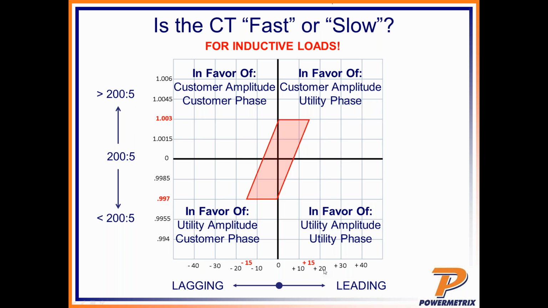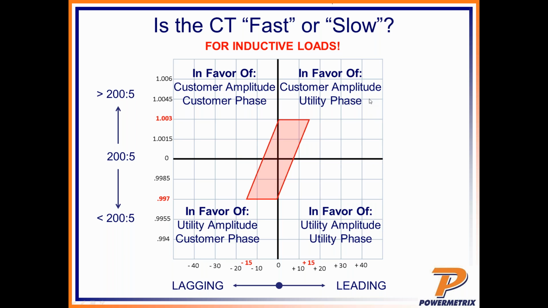Now we have to talk about the phase, right? So our phase error, once again, is on this bottom axis here, going left to right, the x-axis. As we move to the right, okay, that is more of a leading phase angle, and that's secondary current with respect to primary current. As we go left, you can say it's lagging the primary current, okay?